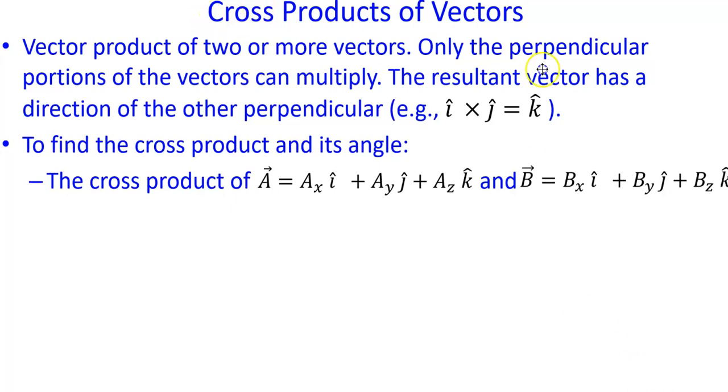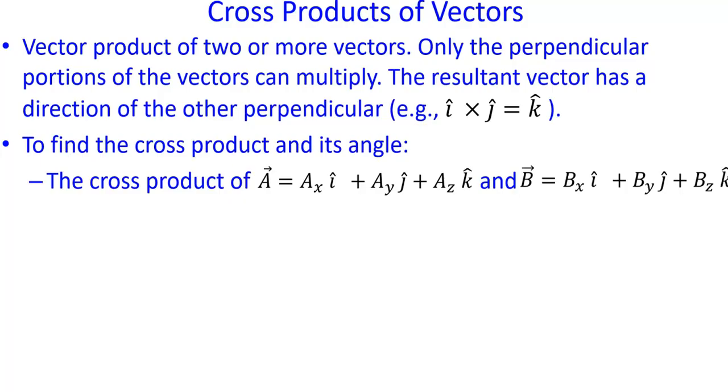So with cross products of vectors, you're going to take two vectors, our two vectors again, A and B, both in 3 dimensions, and we're going to multiply them together. What's weird about this is they do result in another vector with a direction.